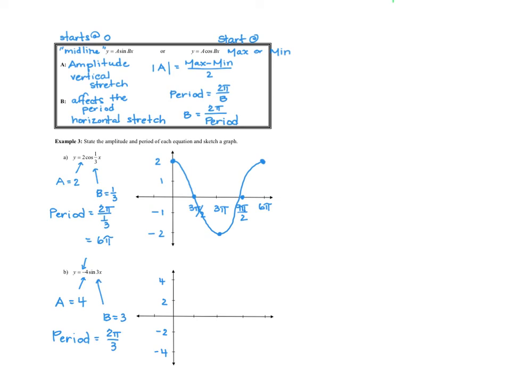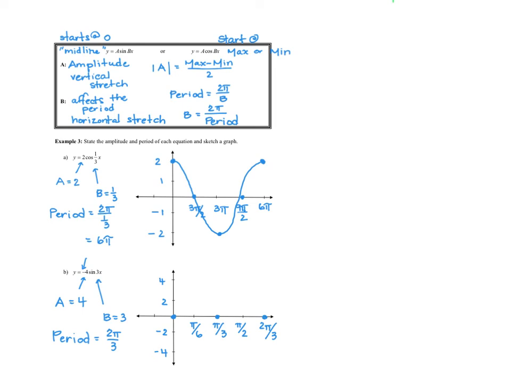So I'm going to see the entire sine curve between 0 and 2 pi over 3. So half of that would be pi over 3, half of that would be pi over 6, and halfway between pi over 3 and 2 pi over 3 would be pi over 2. So I know that a sine curve starts at 0, and I know that halfway it's back to 0, and when I get to the end, it's also at 0.